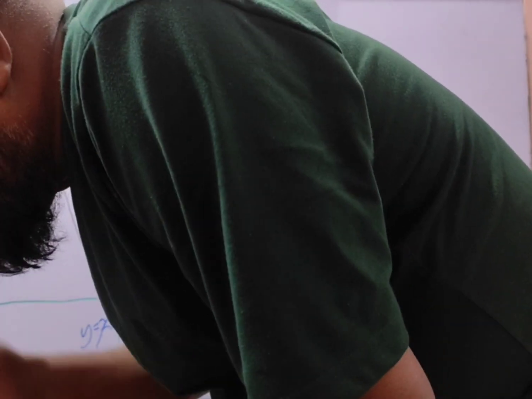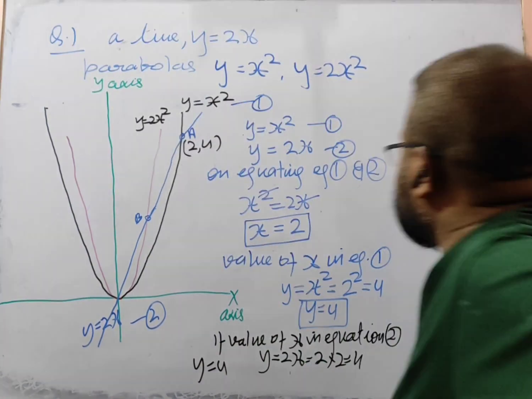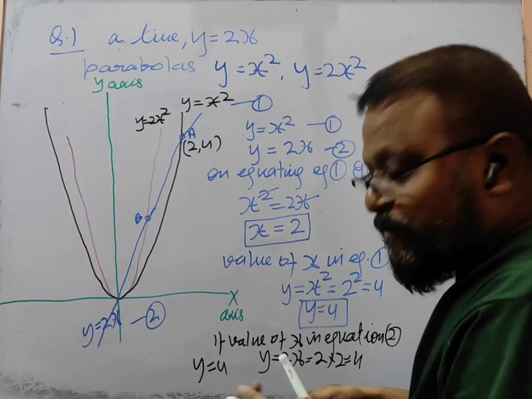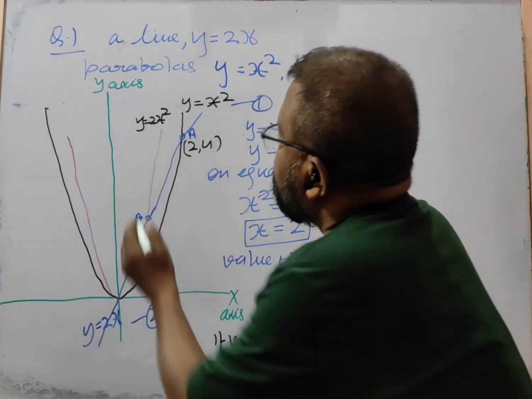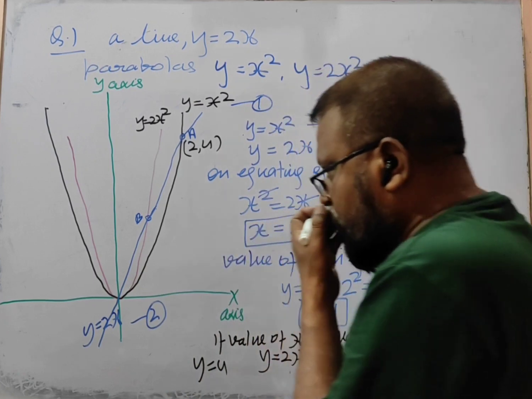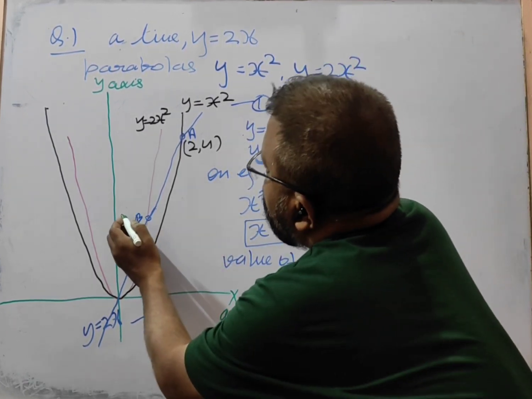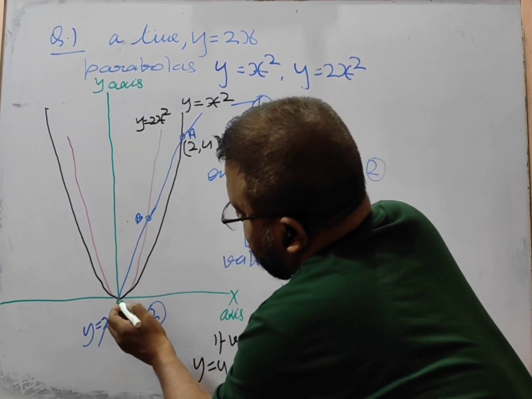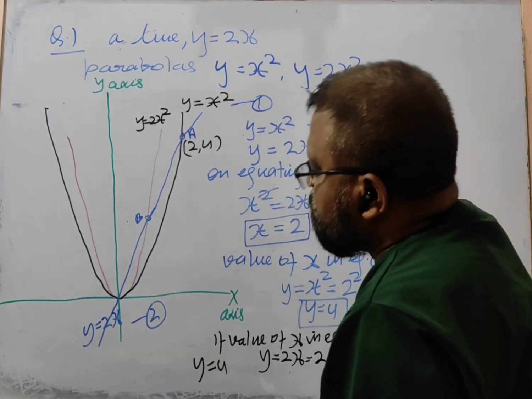This was the first. Now find the point of intersection at B, which is very interesting. Here we have to find the coordinates of B. For the origin, they all have coordinates 0 comma 0.